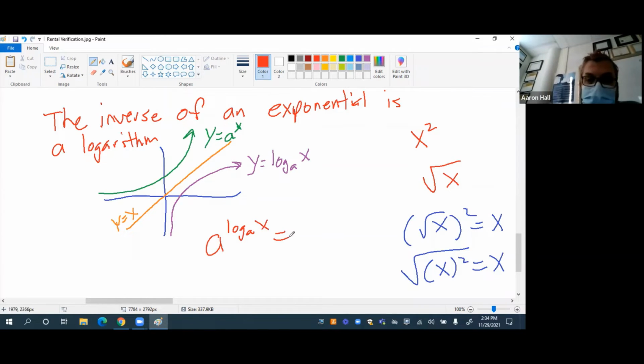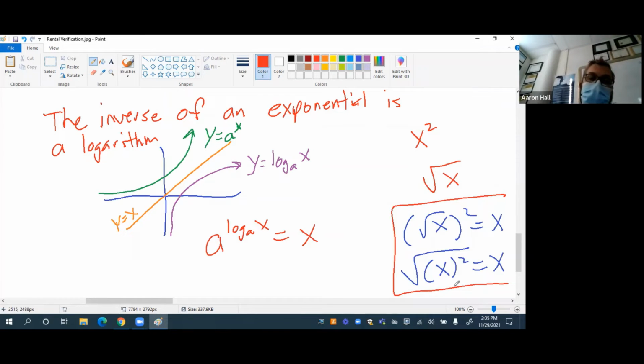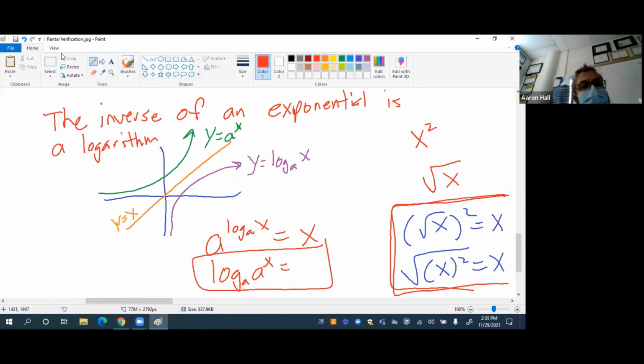Then this has to be x based upon what inverses do. Now, if I take this value here and I substitute that in for x here, so that I have log base a of a to the power of x, then based upon inverses, this has to be what? It has to be x.